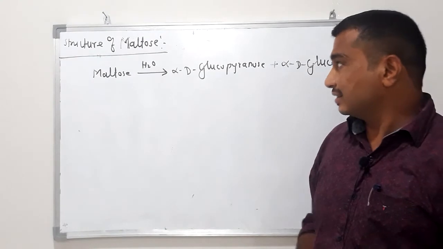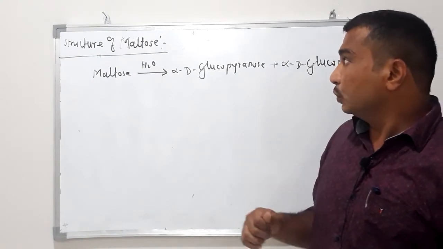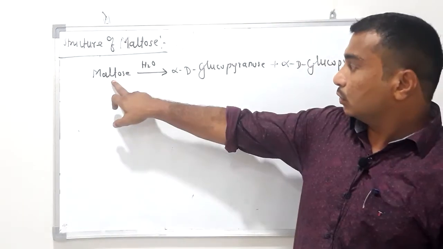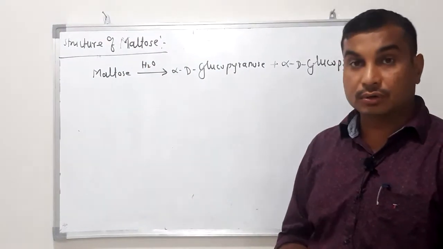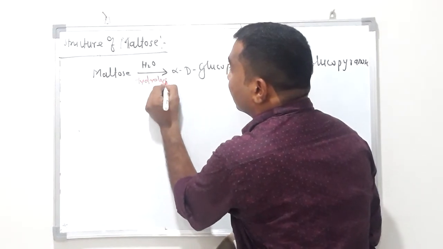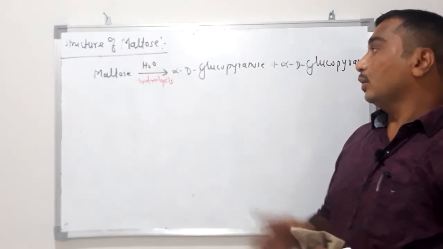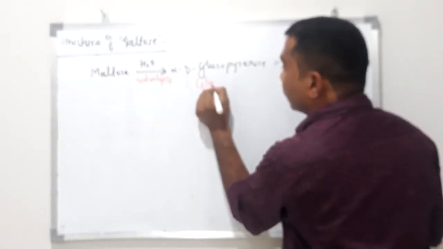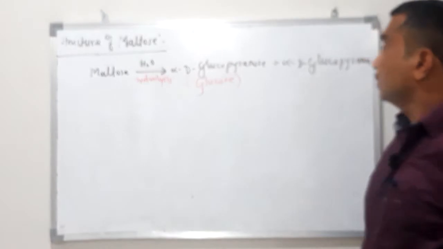In the last class I told you maltose is a disaccharide, because maltose on hydrolysis gives one molecule of alpha D glucopyranose, that is glucose, and a second one that is also alpha D glucopyranose.